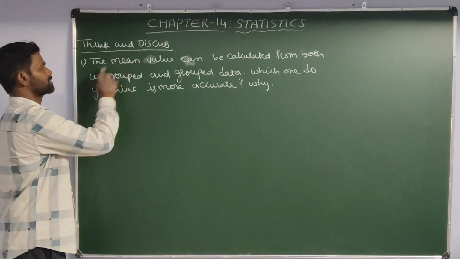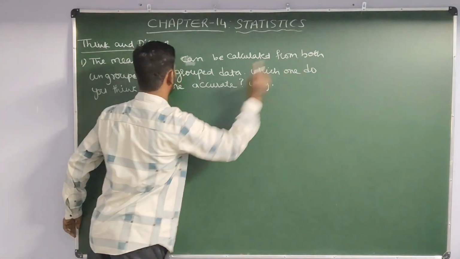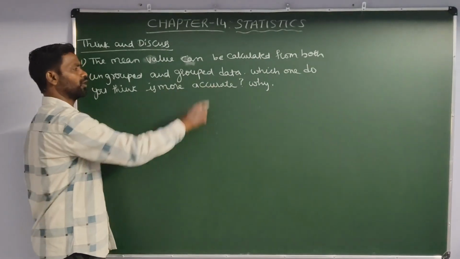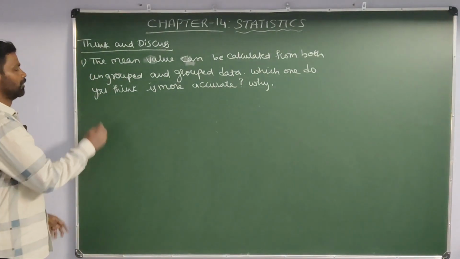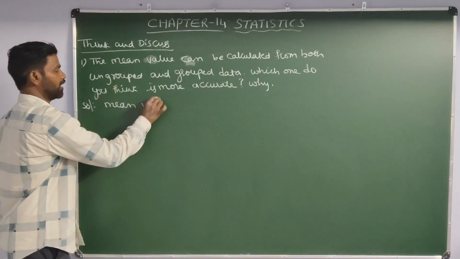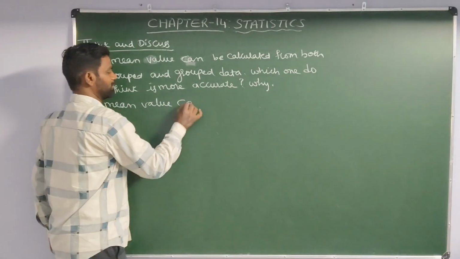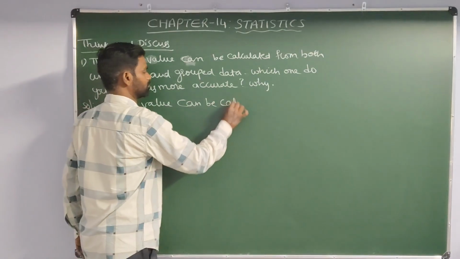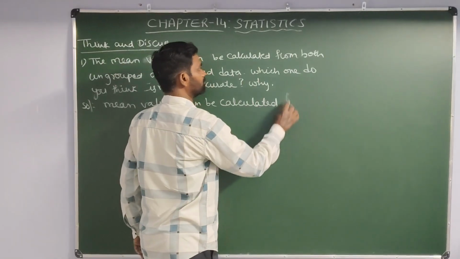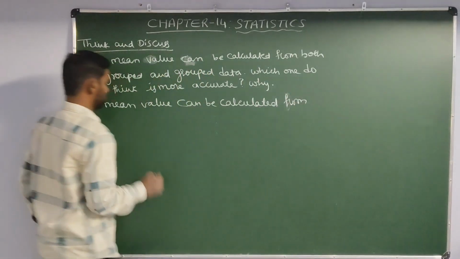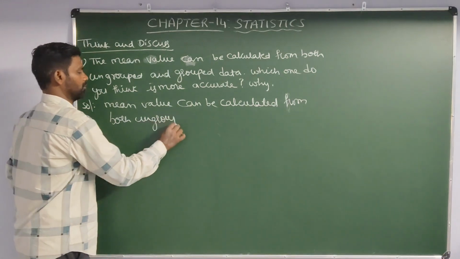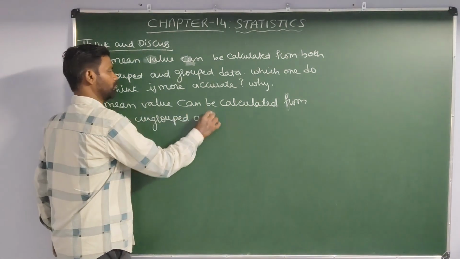Let's think and discuss. The mean value can be calculated from both ungrouped and grouped data. Which one do you think is more accurate? Why?